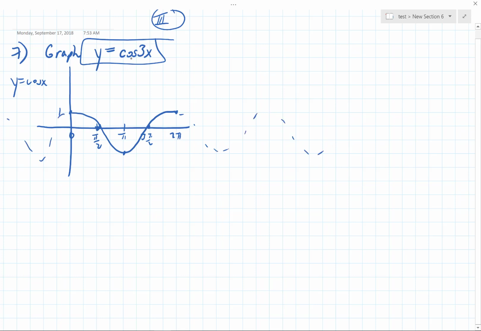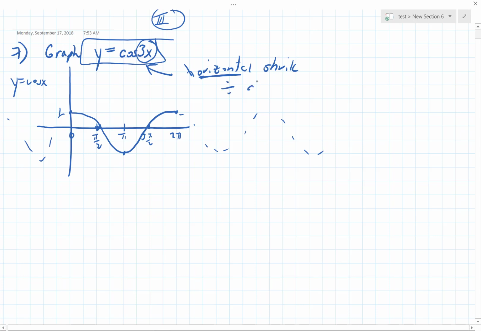Now we're graphing cosine of 3x, and that 3 does to a trig function the same thing it does to any normal function. So that's a normal transformation where it's going to be a horizontal shrink, where it's going to affect the x's, because it's grouped in with the x, that's why it's horizontal. And when it's grouped in like that, it's going to do the opposite of what you might expect.